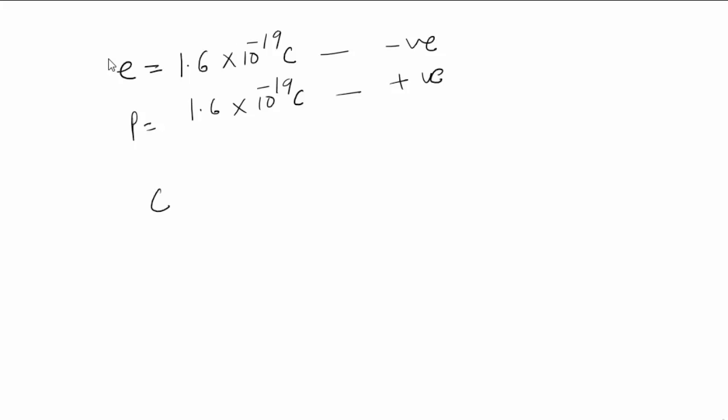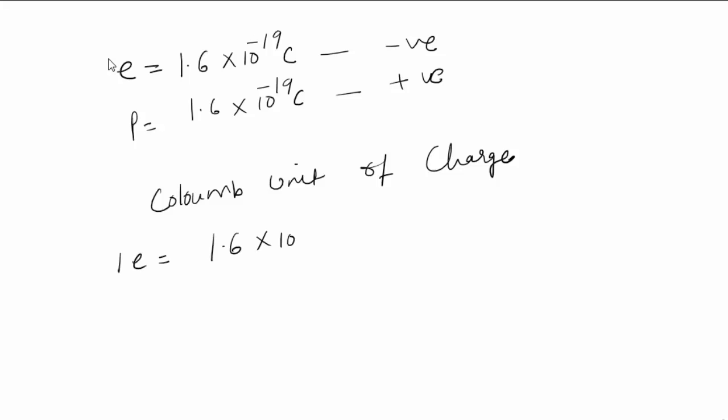Again, coulomb is a unit of charge, and one electron has 1.6 into 10 raised to minus 19 coulombs. So you can find out what 1 coulomb is by dividing 1 by 1.6 into 10 raised to minus 19.